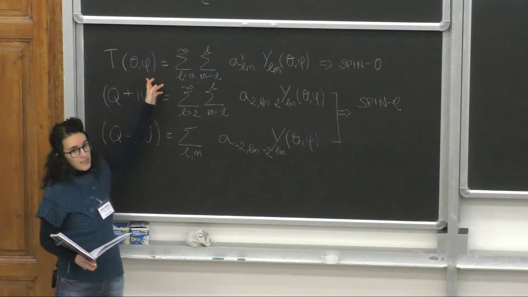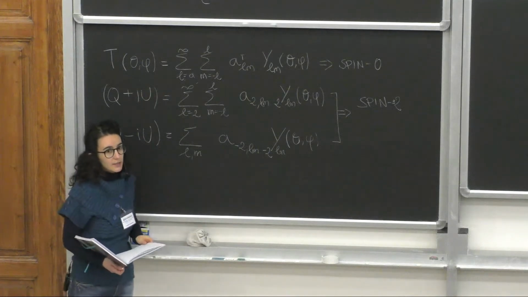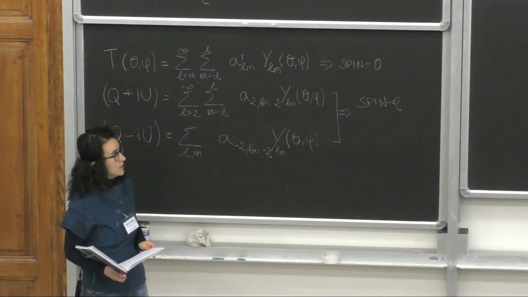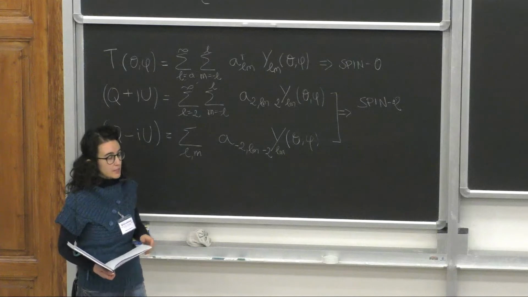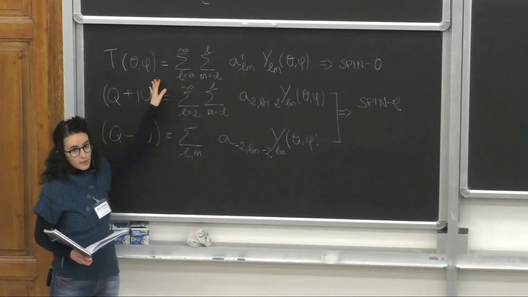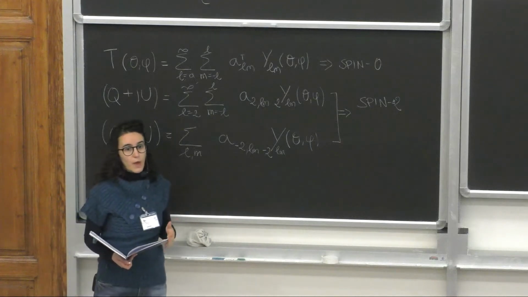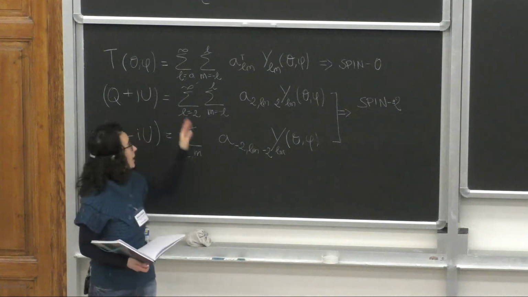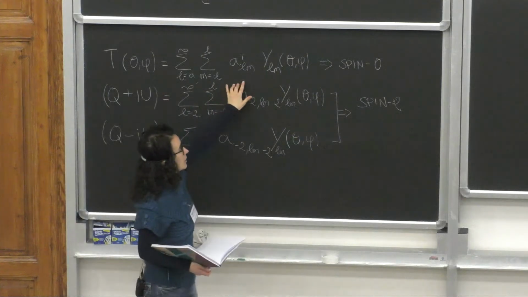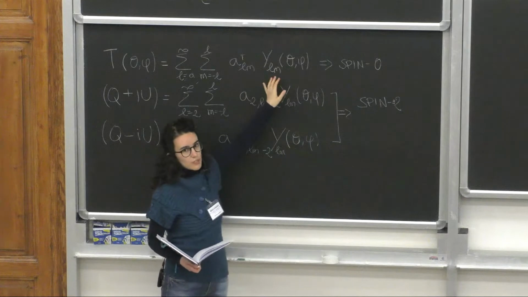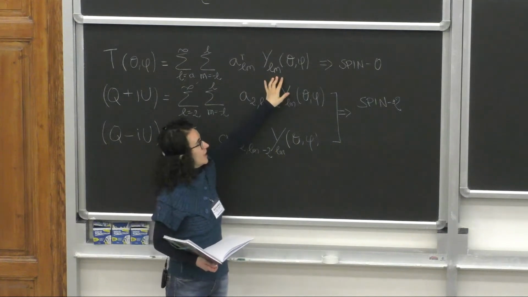We have seen that T is a scalar quantity, so T has a definite spin, it is a spin-zero quantity. Therefore, we can expand the T field in spherical harmonics. This is useful because it allows us to handle more easily the angular dependence of the field, and the usual expansion is done with the usual spherical harmonics that you might have seen on other occasions.